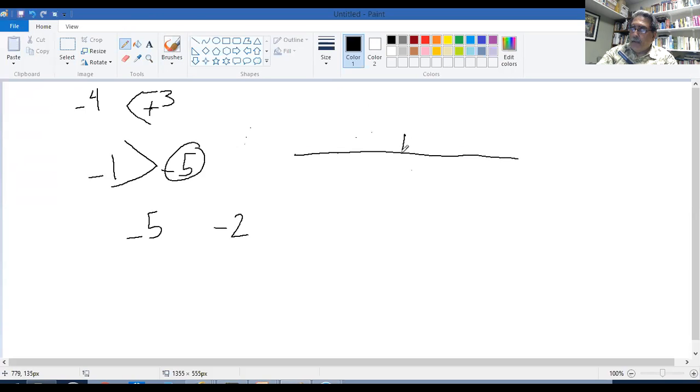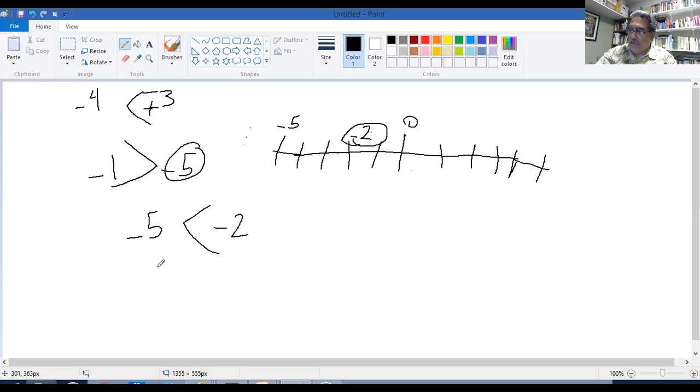Okay, this is 0. There's 1, 2, 3, 4, and 5, and 1, 2, 3, 4, and 5. Here is -5. Here is -2. Which one is bigger? -2. So the sign goes that way.